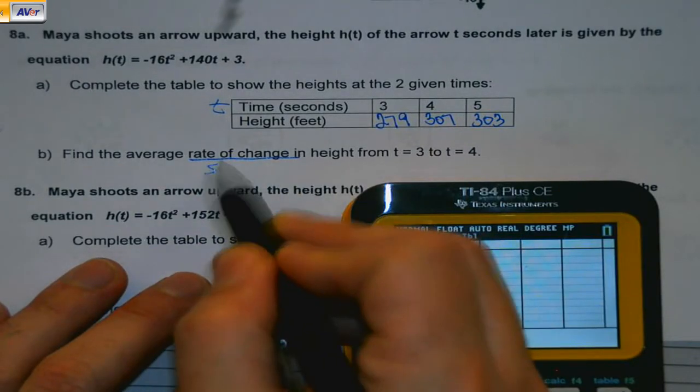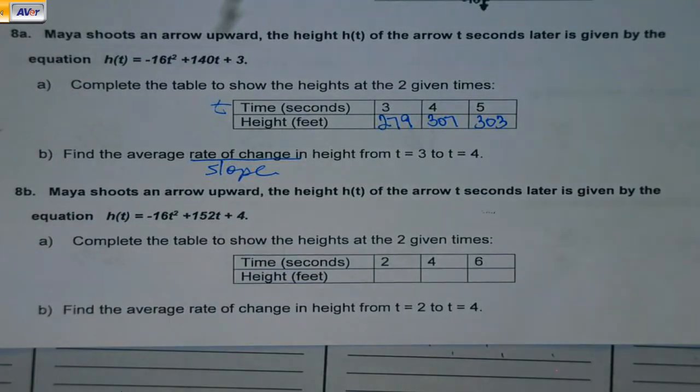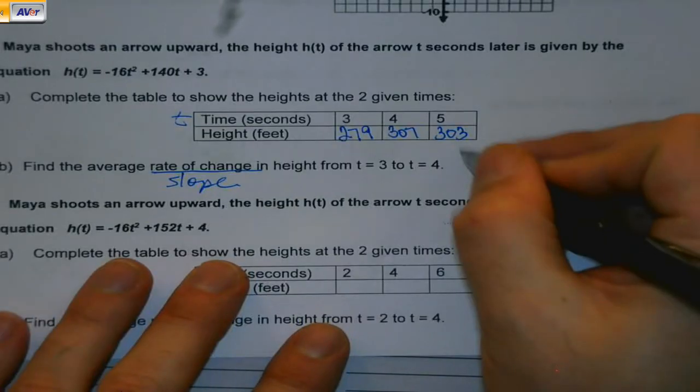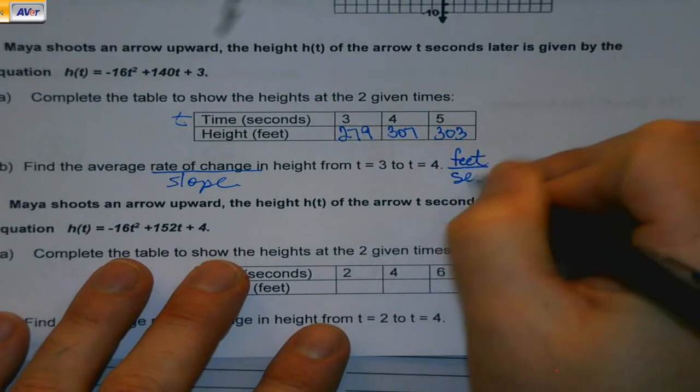Rate of change is just a fancy way of saying slope. So when we're doing that part, we're doing it in feet per second.